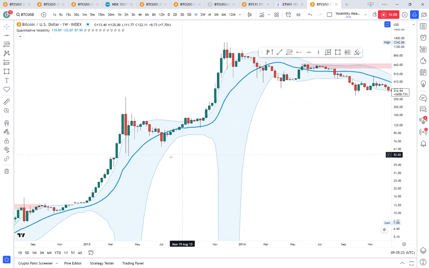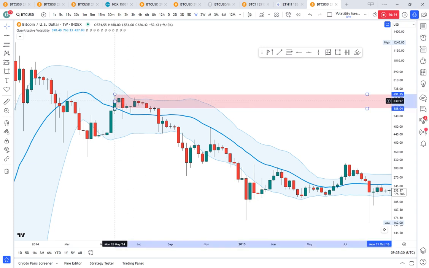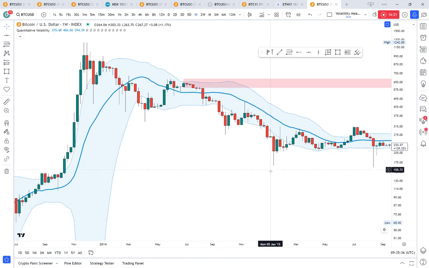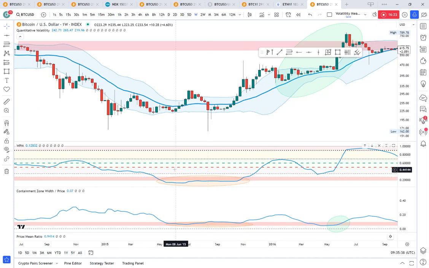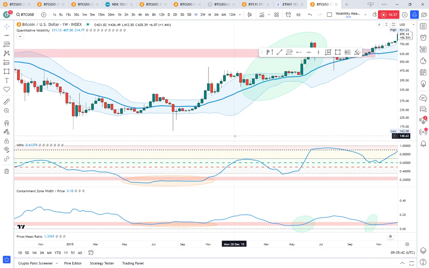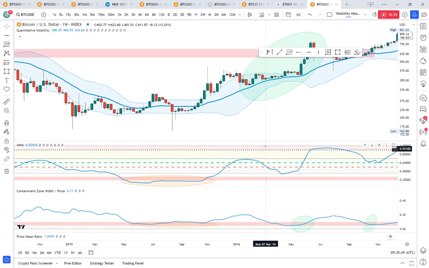Fast forward to the next cycle. There's the same breakdown liquidity point. This was more of a, I guess you could draw it here. This was the breakdown liquidity point into the low. We had the same levels in the price ratio.